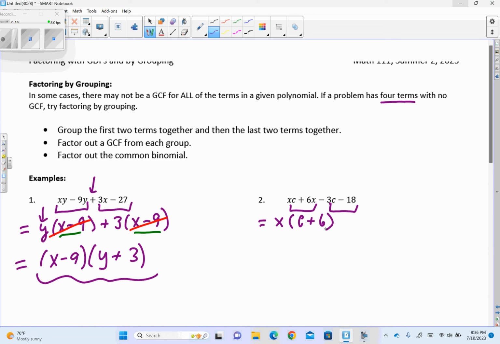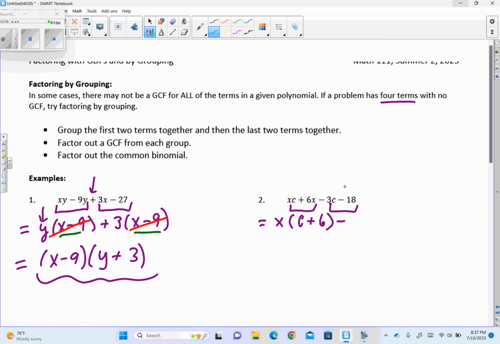Now on this one, you notice the difference are the signs. I have a negative 3c minus 18. Most of the time when we do these, if the 2 numbers or expressions in that second grouping are both negative, we're going to end up factoring out a negative.